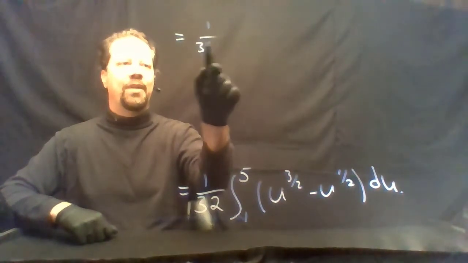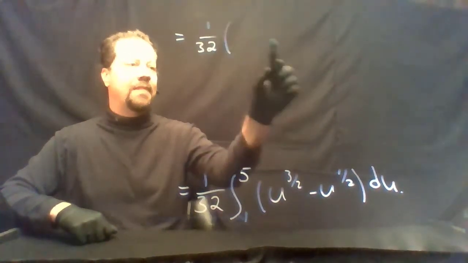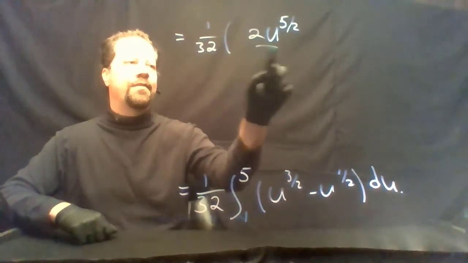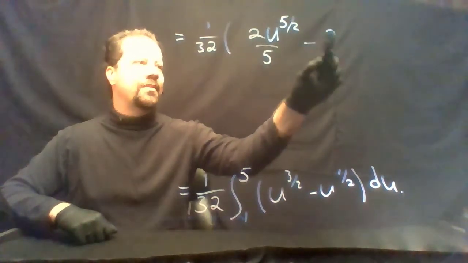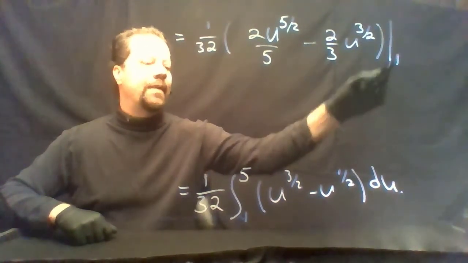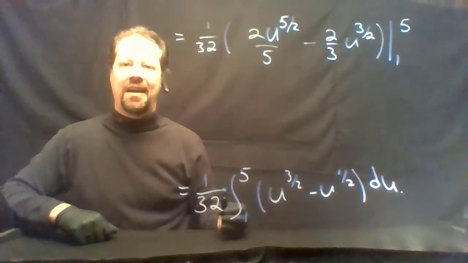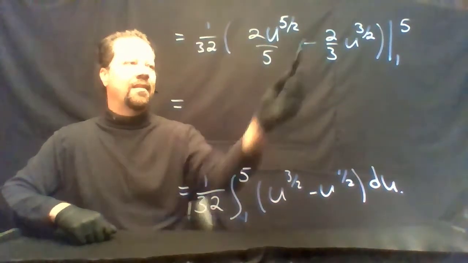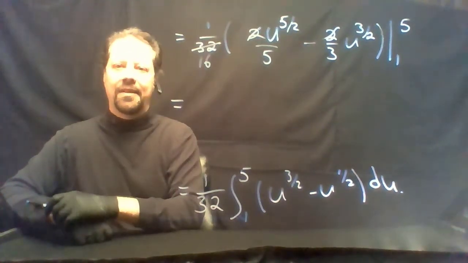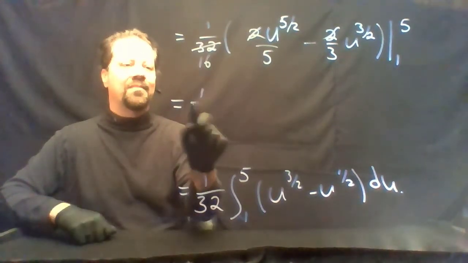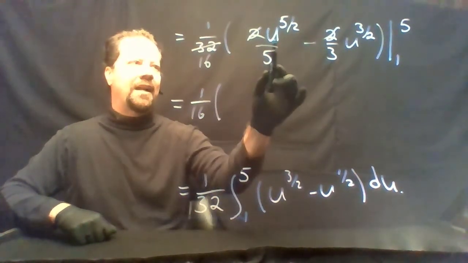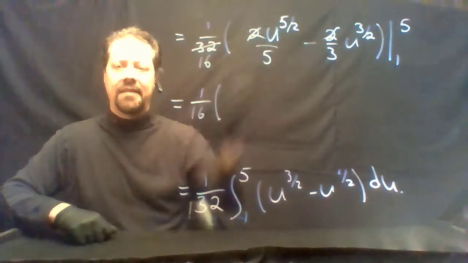We have then 1 over 32 times u to the 5/2 times 2/5 minus 2/3 u to the 3/2 evaluated from 1 to 5. The 2 can come out, canceling with the 32 to leave a 1 over 16. Plugging in 5, we'll have 5 to the 5/2.